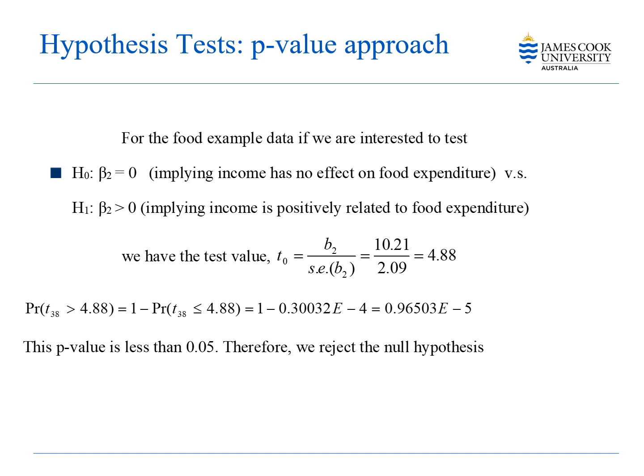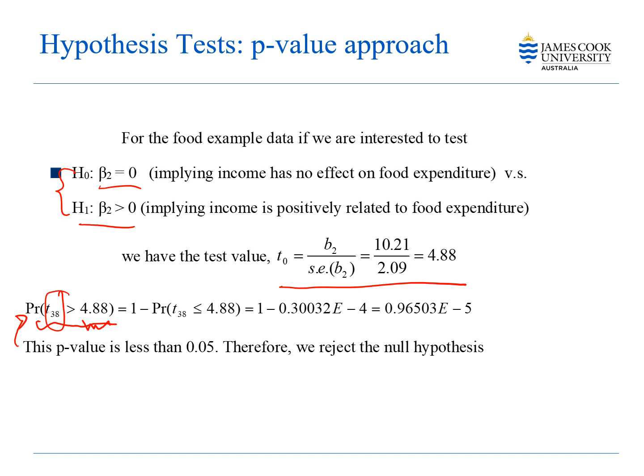For the food consumption expenditure data, suppose the null hypothesis H0 is beta 2 equals 0, H1 is beta 2 bigger than 0, and our t-value is 4.88. We calculate the associated p-value, which is the probability that the t-stat under the null is bigger than 4.88.